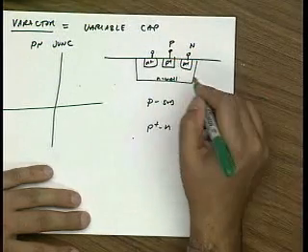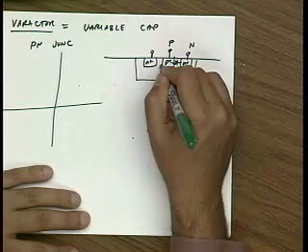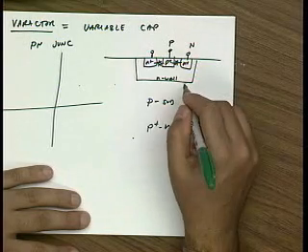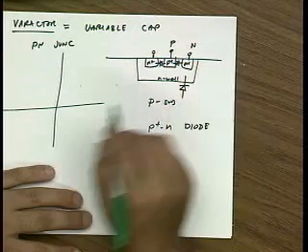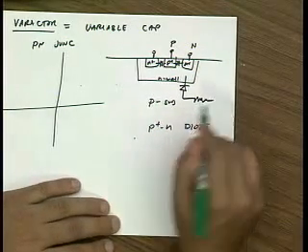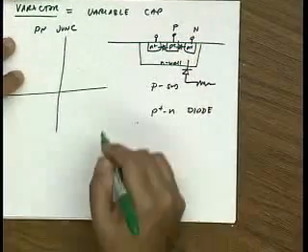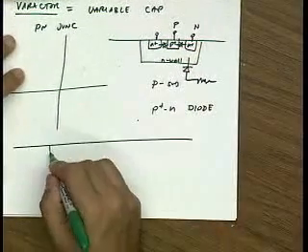The issue is that even though you get a nice diode from here to here, you also get a diode from the well to the substrate, and the substrate is resistive. Okay? Now let me also draw a zoom in of this structure.